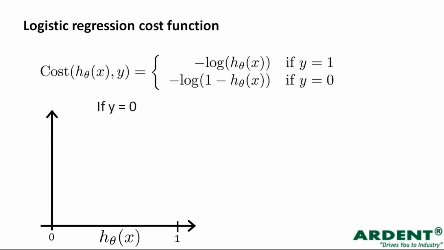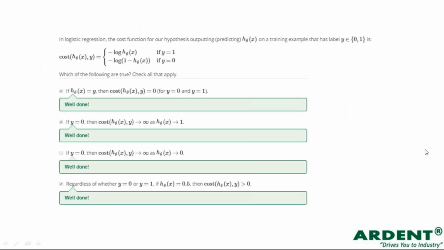Right? Now, in logistic regression, the cost of our hypothesis prediction on a training example, where y belongs to 0, 1, is something like this. If y is 1, the cost is minus log h theta of x, and if y is 0, then minus log 1 minus h theta of x. Then you tell me, which of the following are true?